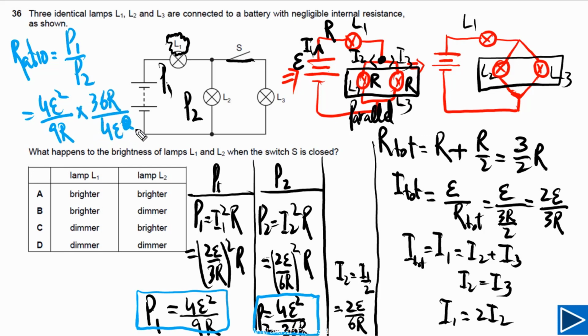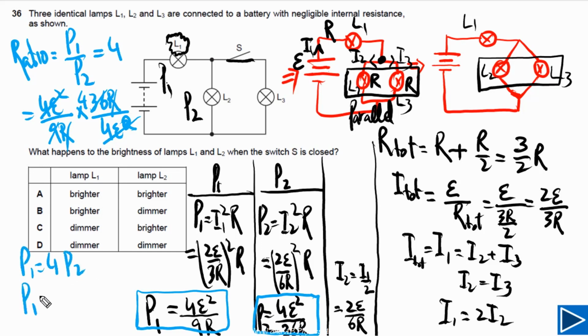Simply we can cancel the 4E squared, and R with R, and if we divide 36 by 9, we will get 4. So it simply means the ratio is equal to 4, or we can say that P1 is equal to 4 times P2.